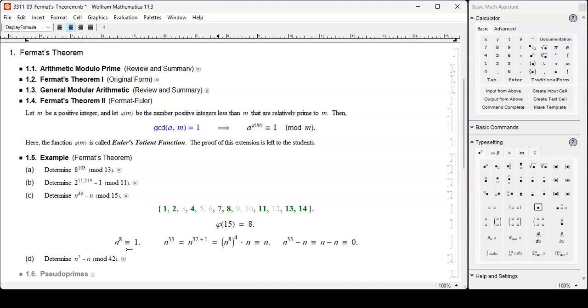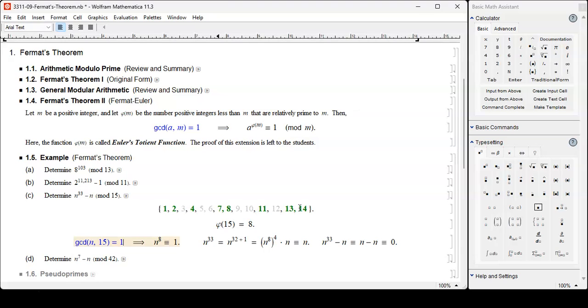So if GCD of n and 15 is 1, so this is missing. And that's not always true. Now we want to do it for arbitrary n, and we did it only for these.